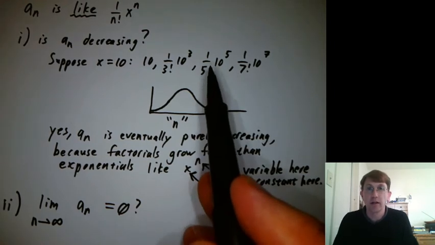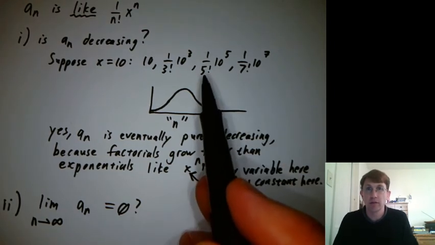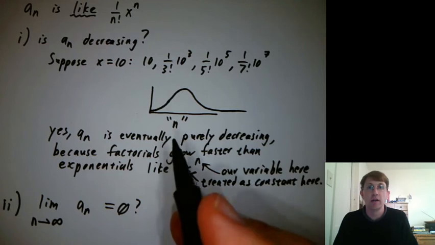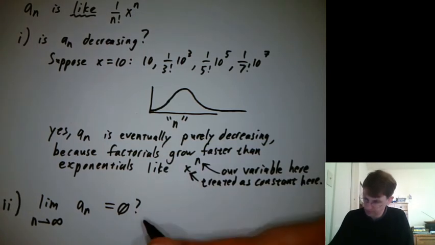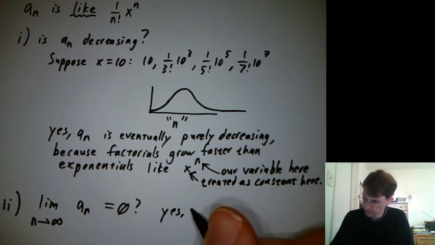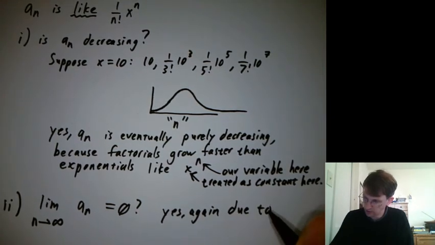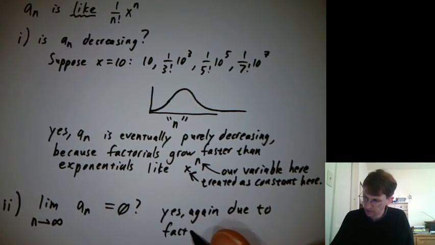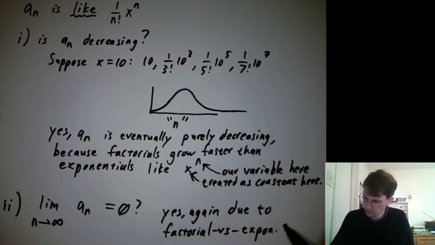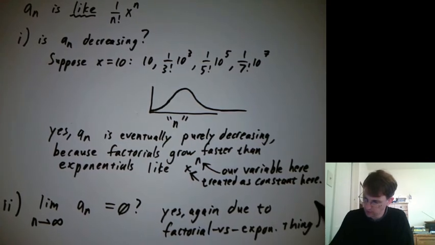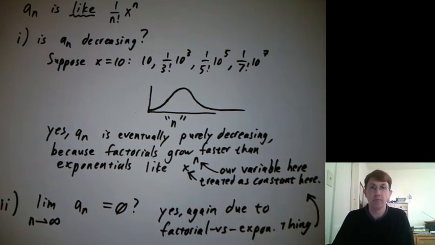Well, it takes, again, a little more thinking, but again, the factorial grows faster than the exponential, and so the limit is 0. So again, due to the factorial versus exponential thing, like we talked about there.